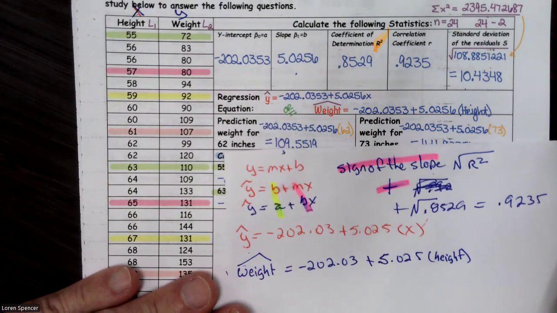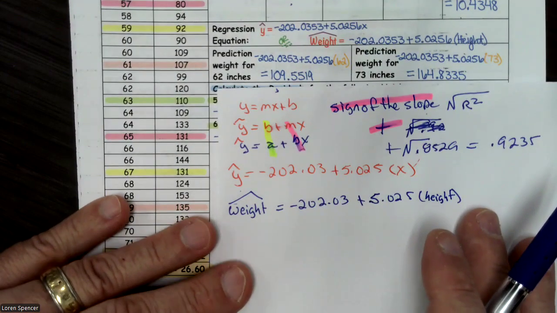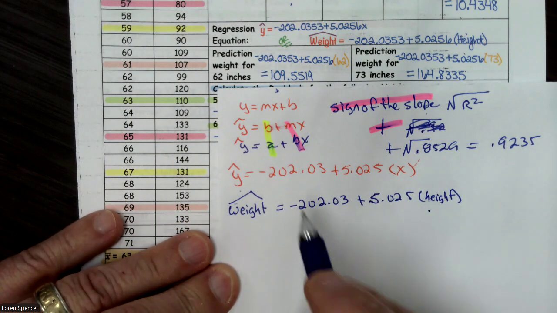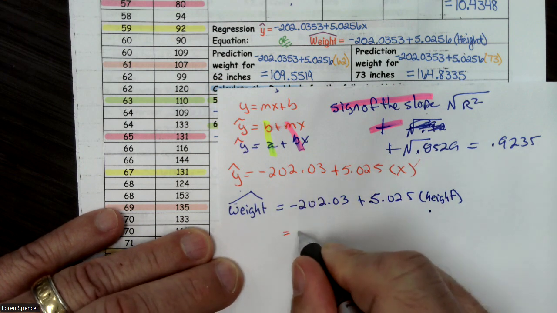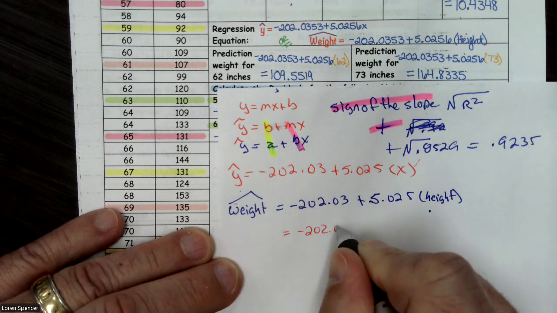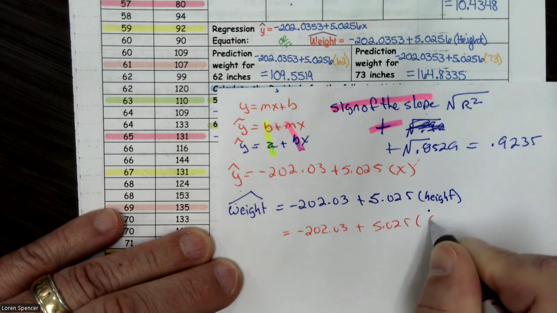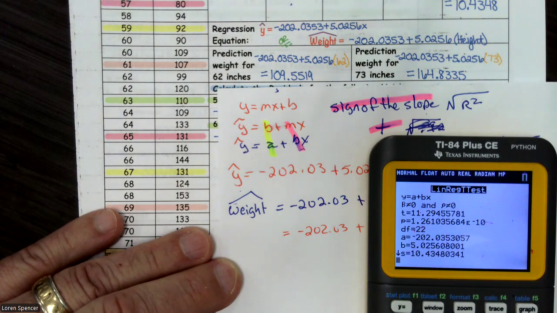The next thing, prediction weight for 62 inches. Well, to do the prediction weight for 62 inches, I'm going to have to plug in 62 for my height. So this is going to equal negative 202.03 plus 5.025 times 62. So let's do that real quickly.